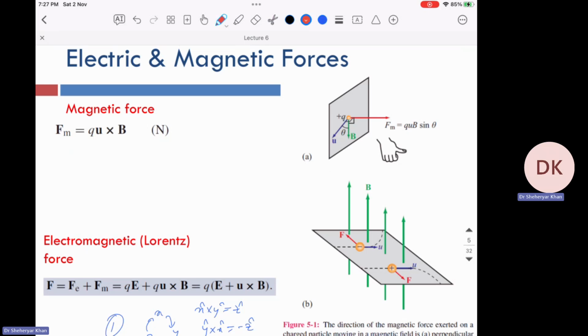Now, I'll show you what actually the Lorentz force is. Check how the Lorentz force works.